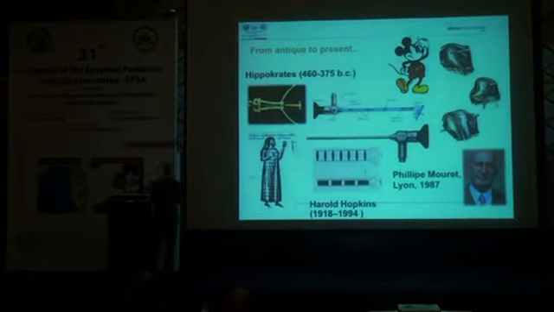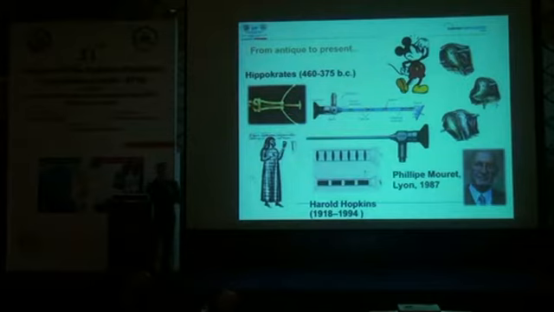From antiquity to the present, there were several milestones in minimally invasive surgery. The old Greeks started to try to look into patients. Then the invention of the Harold Hopkins optic was a major milestone in providing an adequate picture with a videoscope.